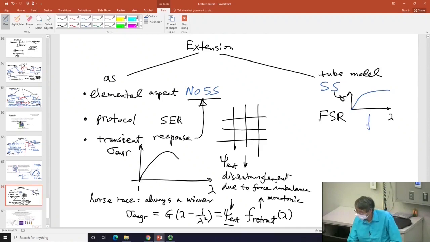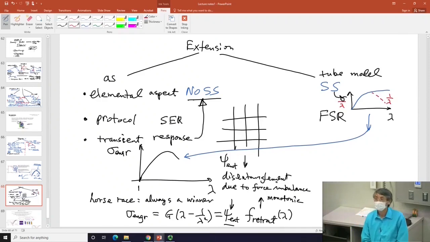And by definition, well, let me not draw it. By definition, it means you have a maximum. Because you are going to divide the stress by lambda. So there will necessarily be a part that goes as 1 over lambda by definition. Yeah? Come on. So you necessarily will have a peak. Okay?